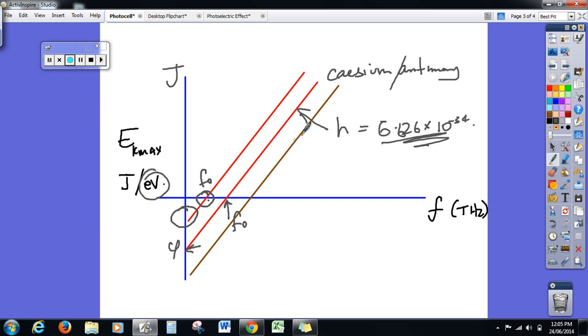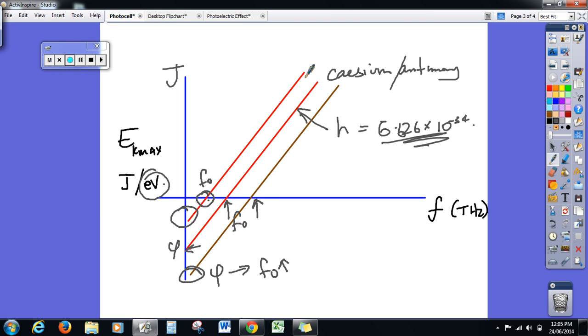Whereas choosing this last one here, it has a higher value, when I say higher as in a more negative value, therefore a larger work function, and therefore would have a larger F0 because it's now up here. That means that the threshold frequency, the colours of light that it's more sensitive to, would be further up the blue end.